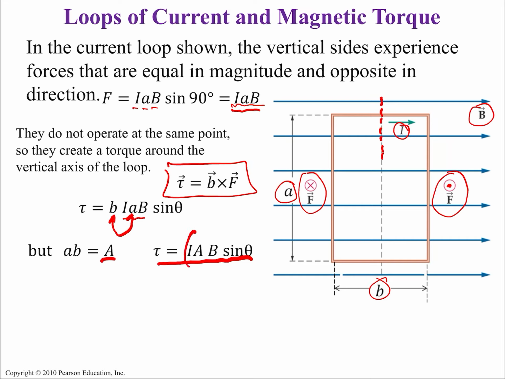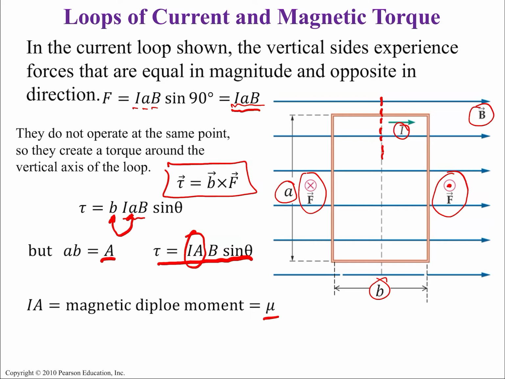Now, this quantity I times A has a name. It's called the magnetic dipole moment of the loop, and it's denoted by the Greek letter mu. It doesn't matter what geometrical shape the loop has, this will always be the same.